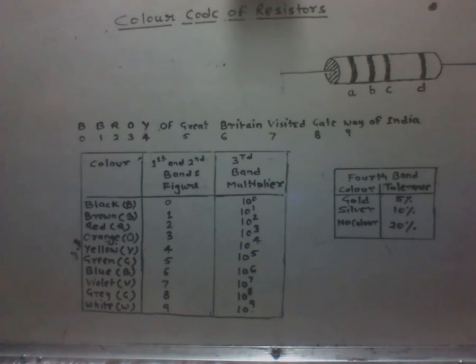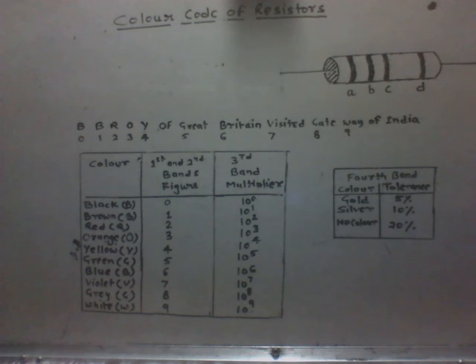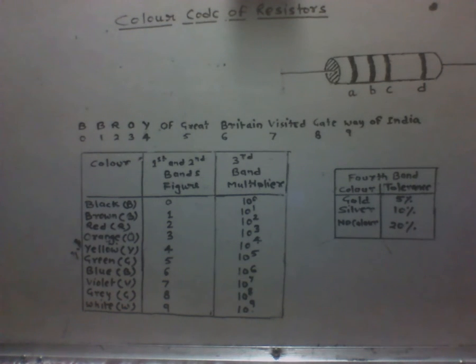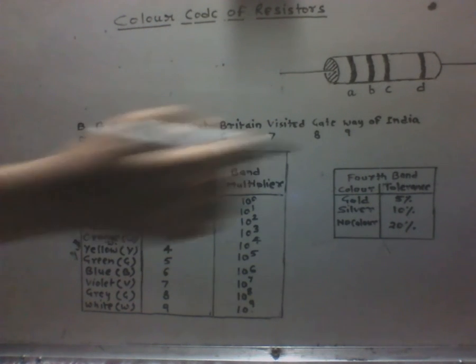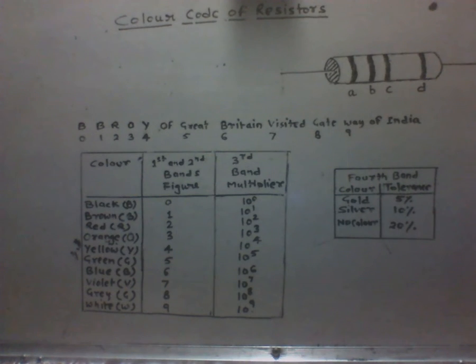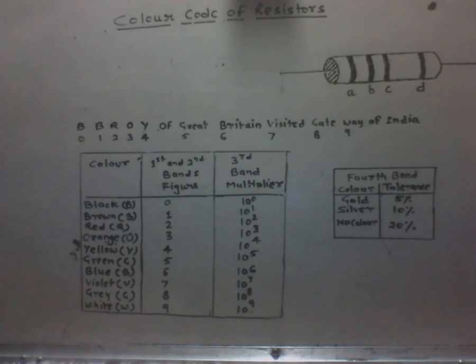The color of the first band A indicates the first significant figure of the resistance in ohm, and the second band B indicates the second significant figure in ohm. The third band C indicates the power of 10 by which the two significant figures are multiplied to obtain the value of resistance.